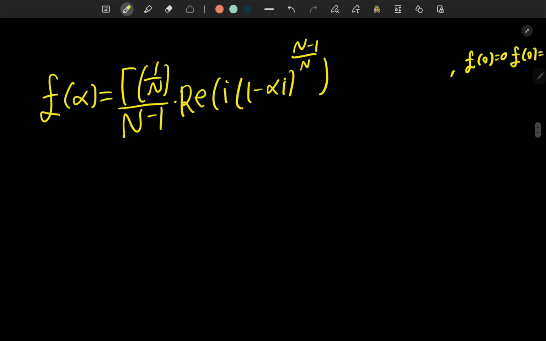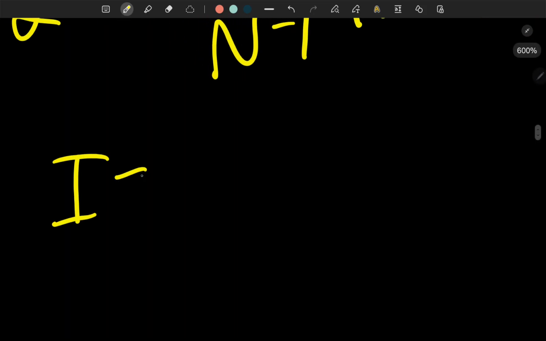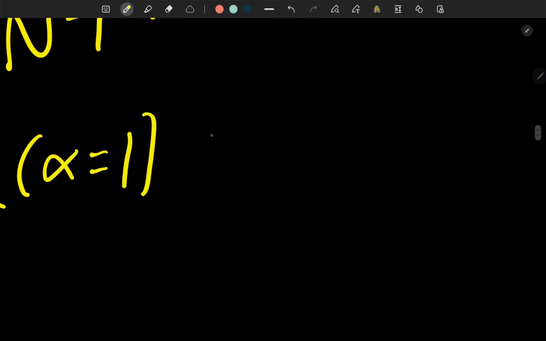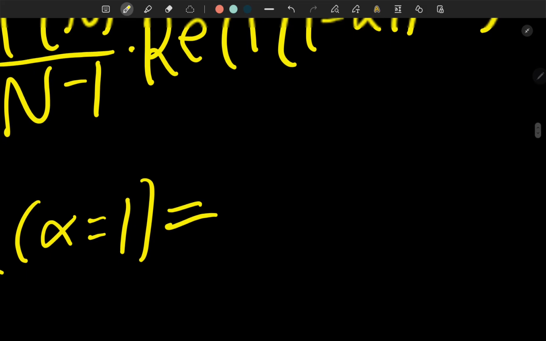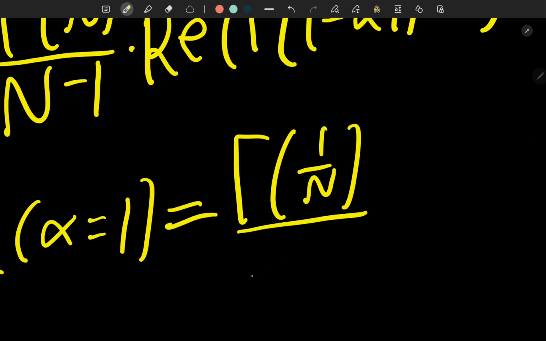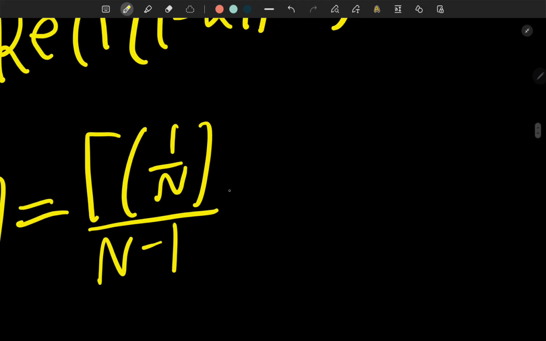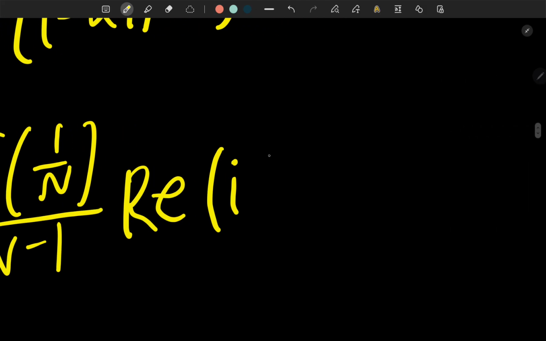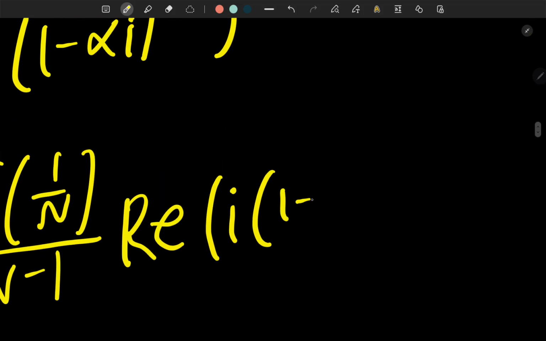Alright. Let's see. And we can immediately simplify this and say that I is equal to f of alpha equaling 1, which then equals 1 over n minus 1, real part of I times 1 minus I. Yeah.